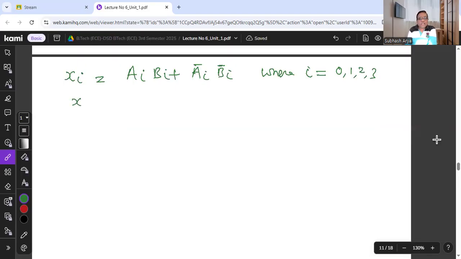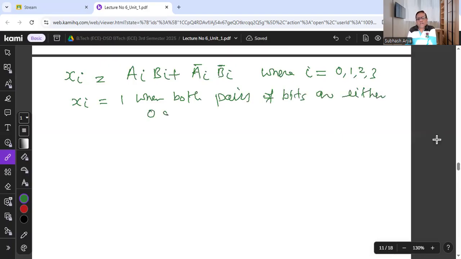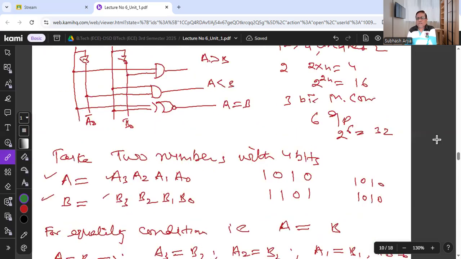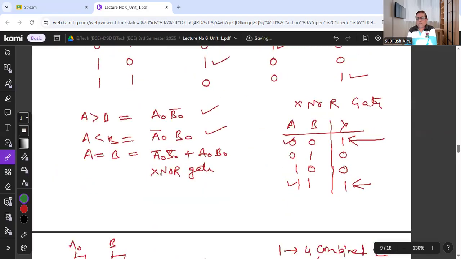So xi is equal to 1 when both pairs of bits are either 0 or 1. This is the case we have seen in exclusive NOR. So this is 1 when either both are 0, 0 or both are 1, 1.